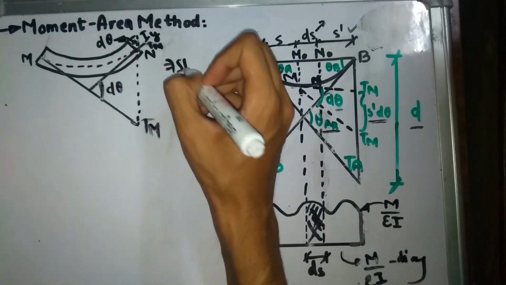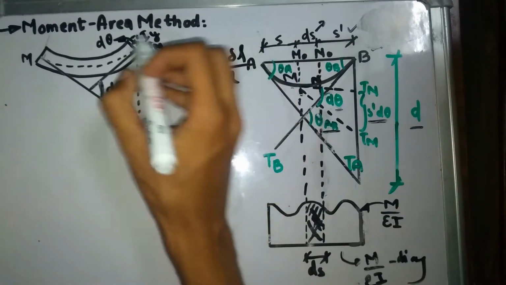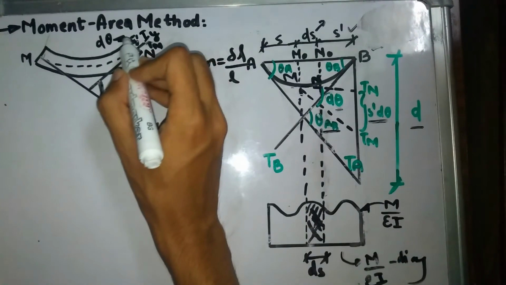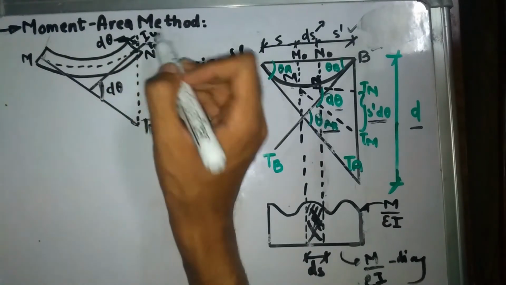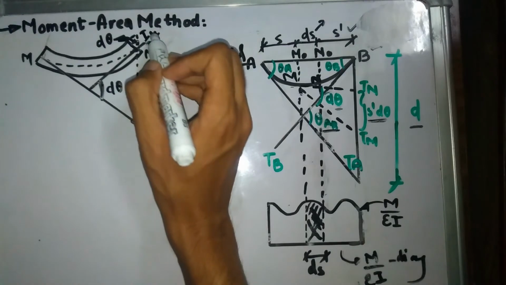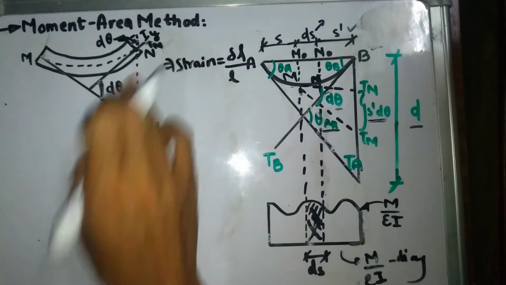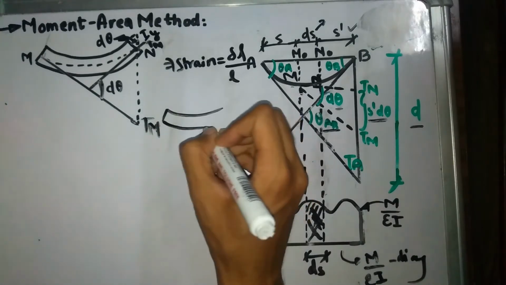So our strain, which means our del L by L, we have a certain increase in length over here, and suppose this horizontal increase in length is y, and we have our point n. So let me just draw this figure a little bit more clearly. This is going to be my beam.